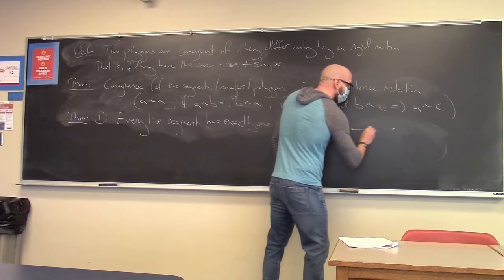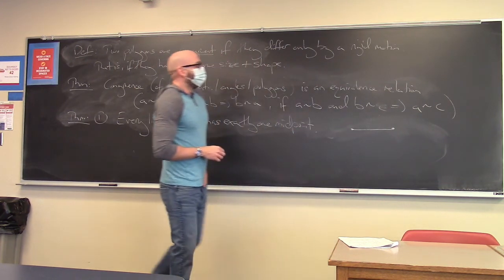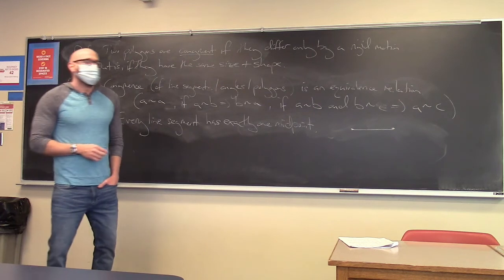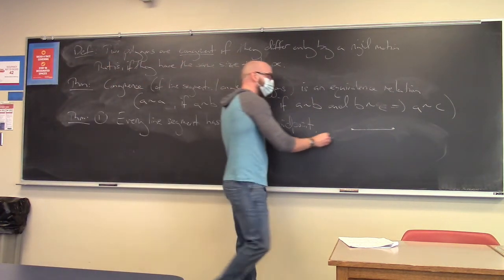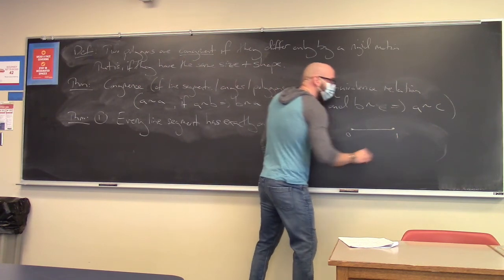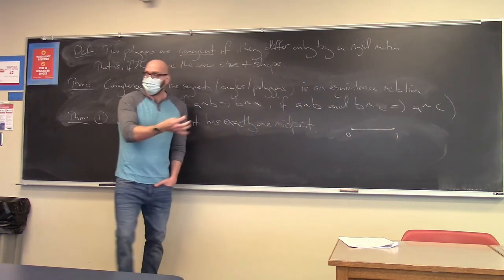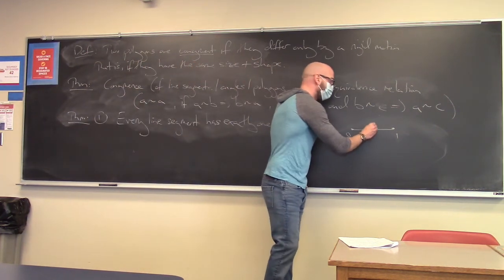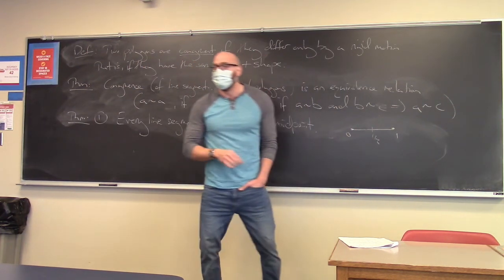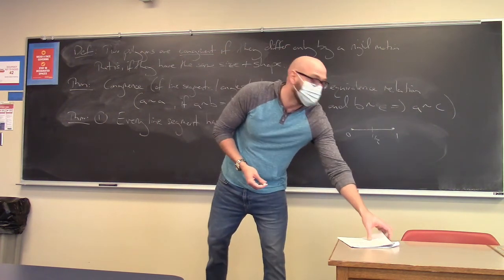If I have a line segment, how do I prove that there's exactly one midpoint? Well, we have this notion of distance that we've axiomatized. In fact, we've said that line segments, we can put them in bijection with the real numbers. So just put your line segment in bijection with 0 to 1, and then the point corresponding to 1/2 is your midpoint, obviously, right?